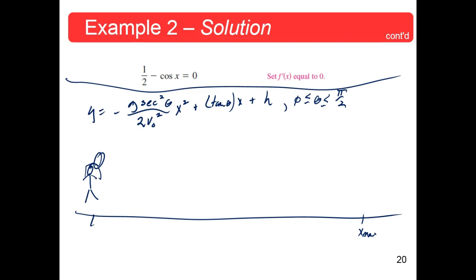So therefore, we can take the y out of the picture here and have a function of x's and thetas only. So here is our equation, minus g, and that's just a number, by the way, so that's not a variable, secant squared theta over 2 V0 squared.